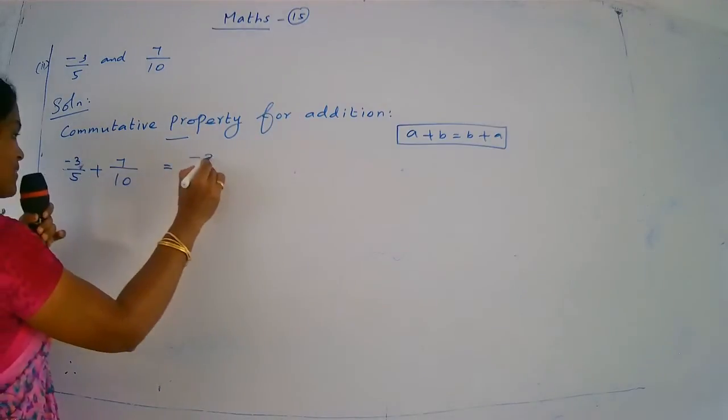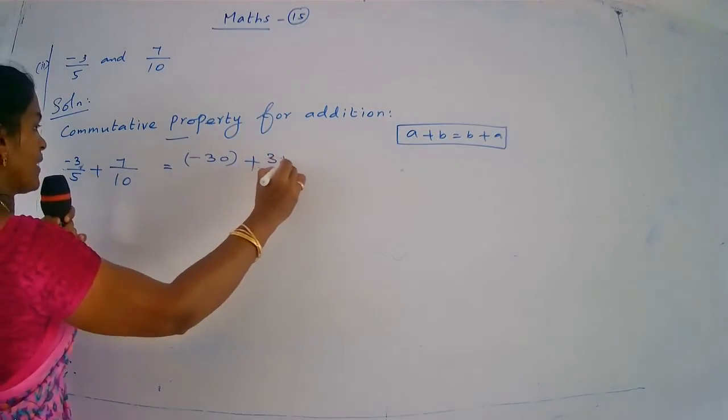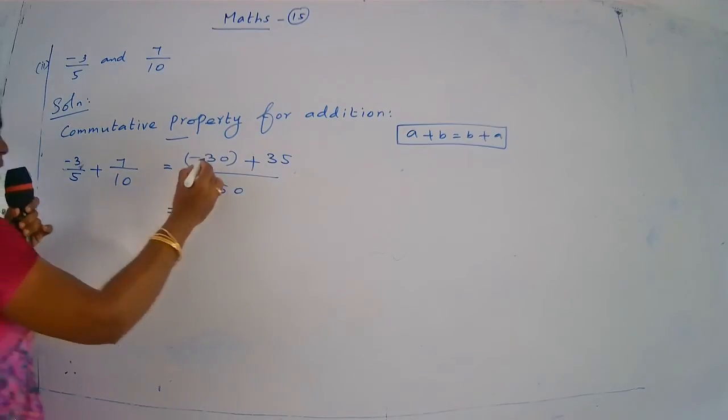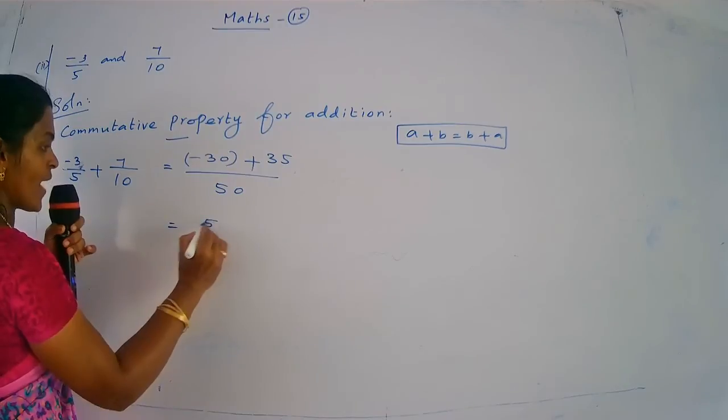Okay, so your property is A into B is equal to B into A. Here A is equal to minus 3 upon 5 and B is equal to 7 upon 10.